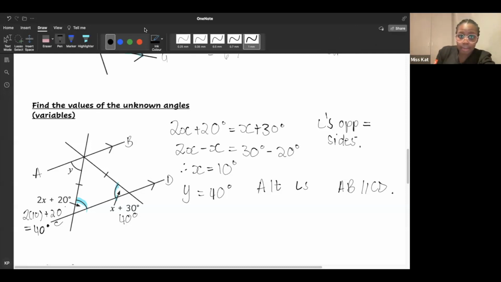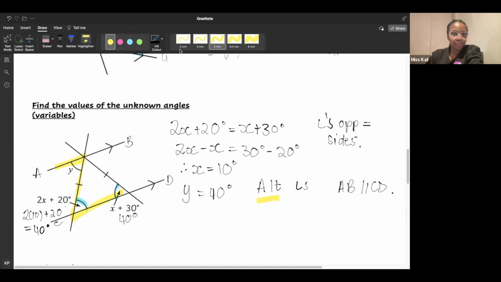But how is that a U, ma'am? No, it's not a U. We haven't spoken about any U. We haven't done cointerior angles. Look at the Z over here. You see it? Yes, ma'am. That's what we're talking about when we say alternate angles. Okay.